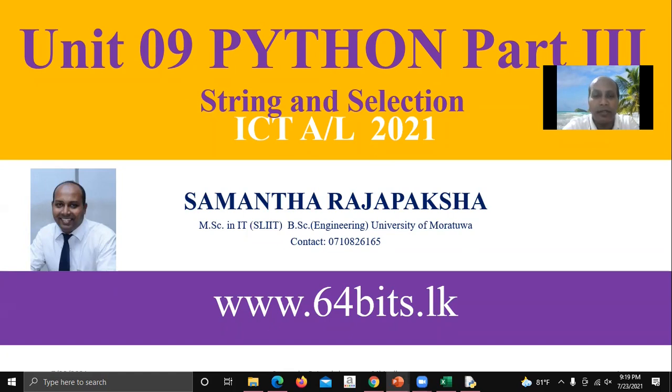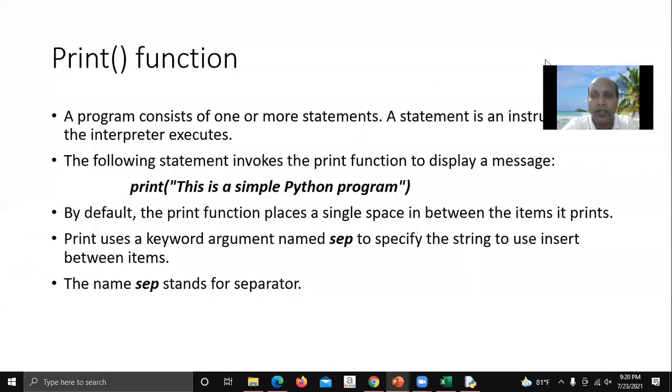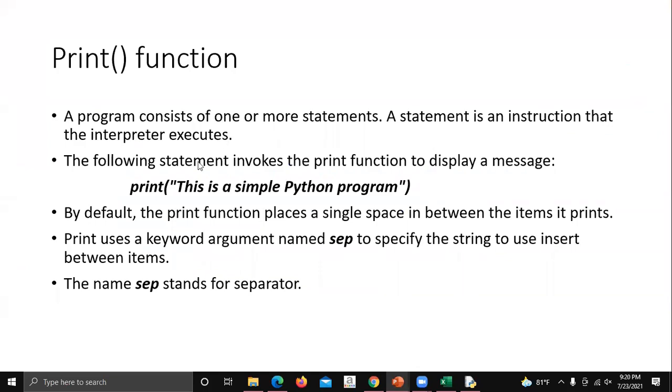Now, before going to the string directly, we need to have some idea about some of the mainly used functions. So here we discuss mainly two functions. That is basically this print is a function. That will be used most of the time.